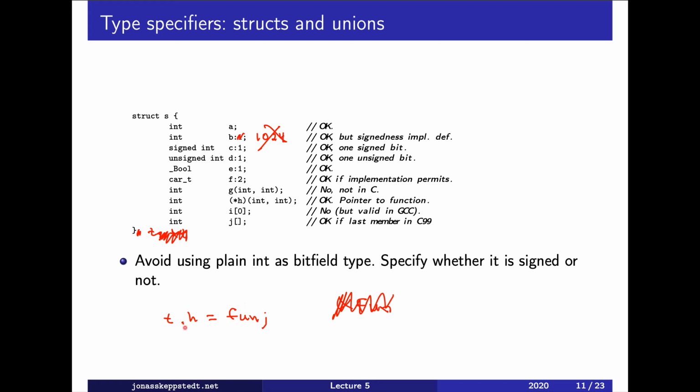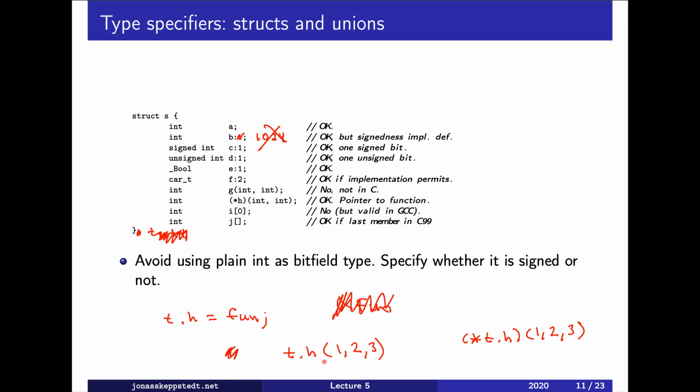Okay, and when we use this, we can take the simplest first: T dot H and the parameters. Or what I think is more preferable is to have T dot H with the star here, to make it clear that we have a pointer.